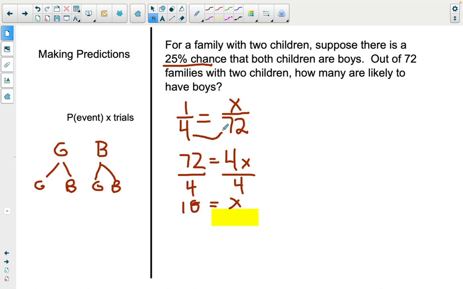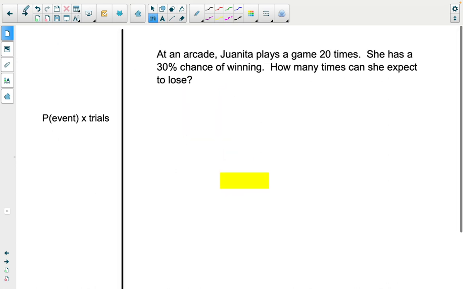How did you get from 4 to 72? You multiplied by 18. So if I multiplied my numerator by 18, I would get 18. So different ways you can solve it. But again, not guaranteed. It is an estimate. It is a prediction.